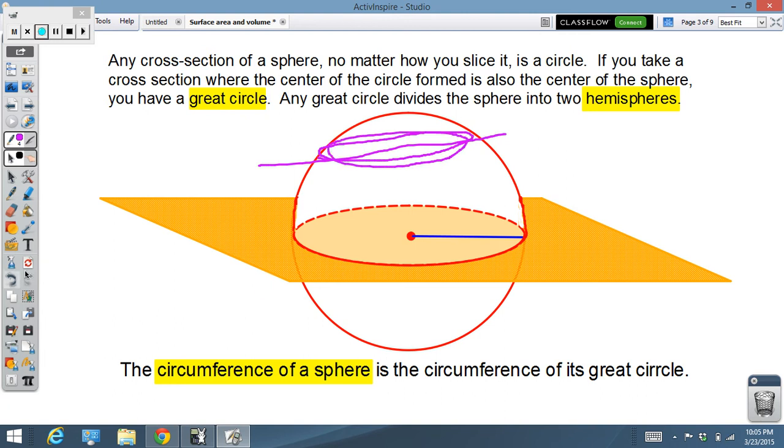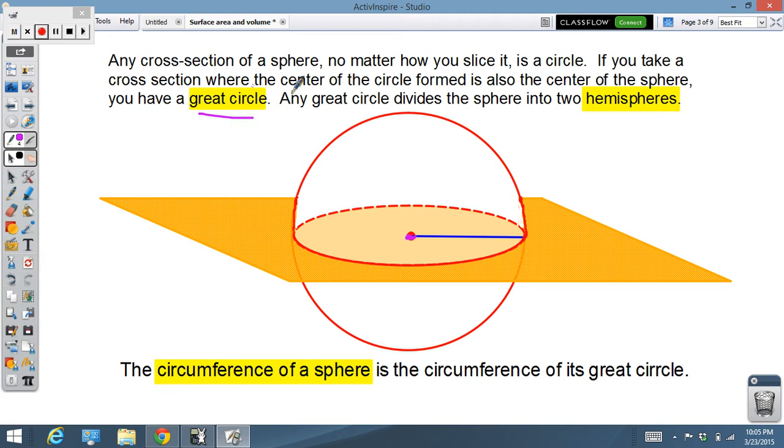I know that's an ugly drawing, but we'll go from there. If we cut it in half through the center of the sphere, so that the plane crosses through the center, then we've cut it into the biggest possible circle we can make. That's called the great circle.